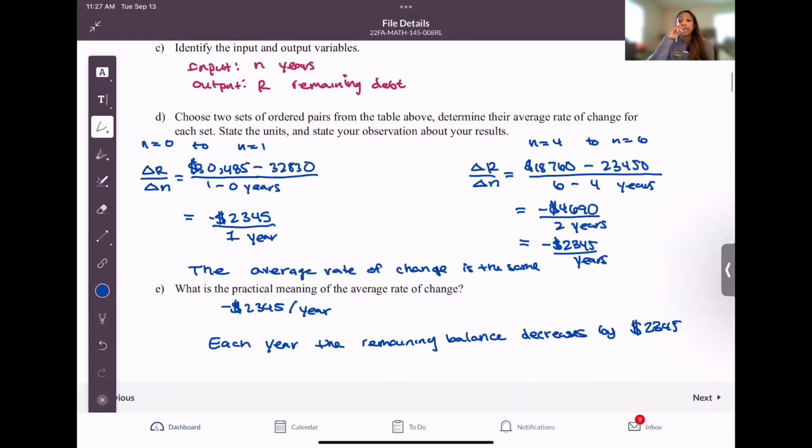All right, now again, this is a very special case where it doesn't matter what 2 ordered pairs you pick, you end up getting the same average rate of change. And that's because we were told in the beginning that each year we're decreasing by the exact same amount. So we have a constant average rate of change.